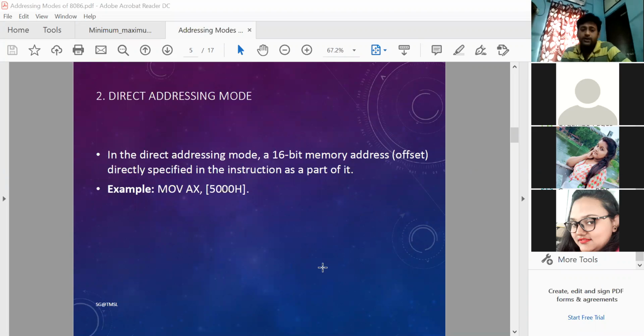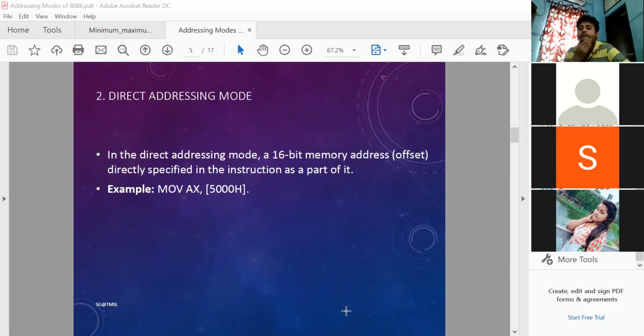So DS is equivalent to 2000 and offset is equivalent to 5000. Then tell me what will be the 20-bit physical address. What will be the 20-bit physical address? Anyone? Have we calculated it?